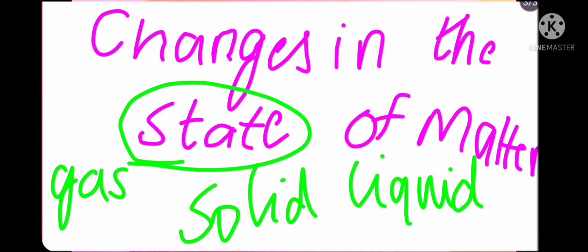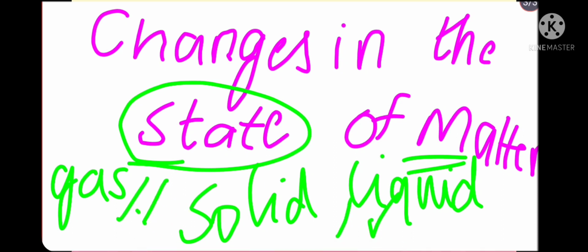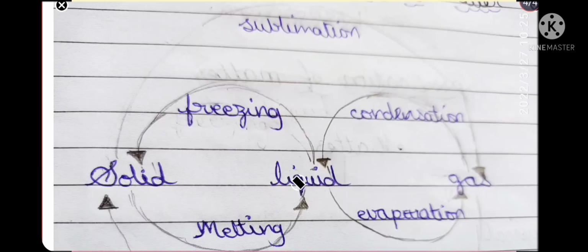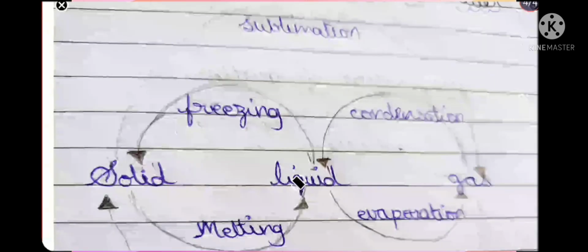Matter is also a substance which can change from gas to liquid, liquid to gas, gas to solid, and solid to liquid. So now let's see what each process is called and how it changes. Here you can see an image of the process.